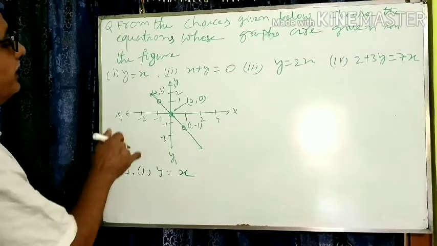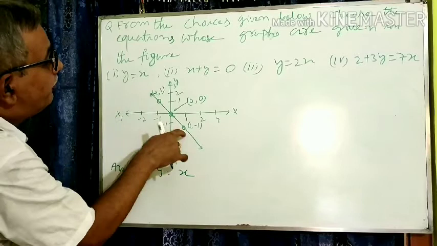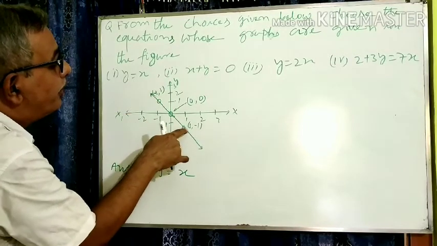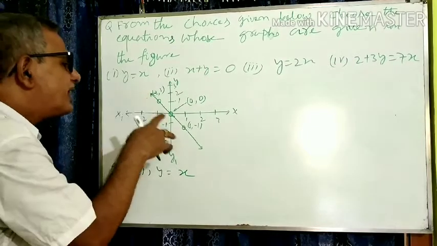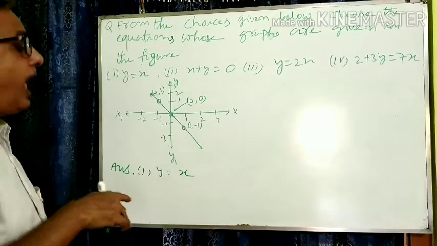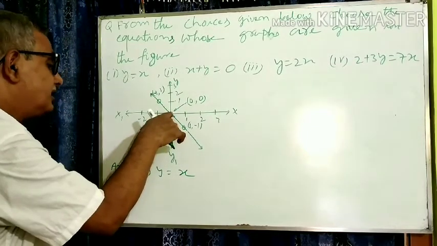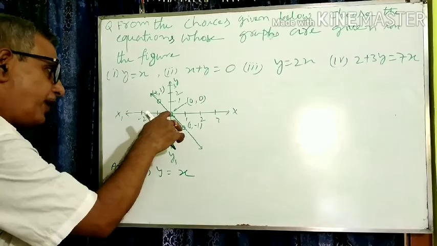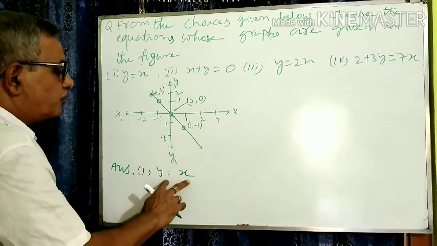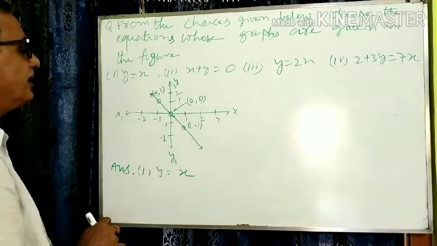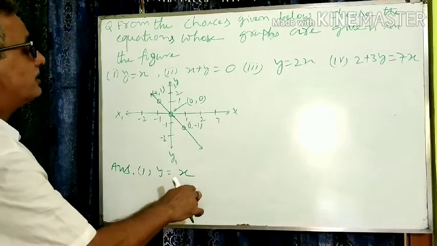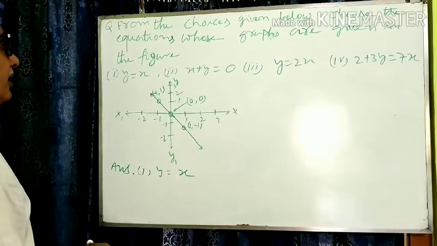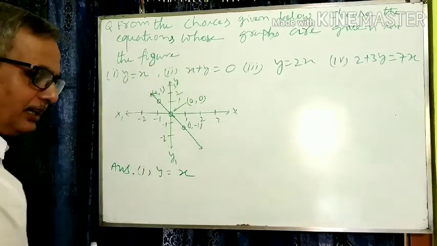Here you see, these 3 points are there: minus 1, 1; 0, 0; 1, minus 1. You select any 2 points and let these points satisfy this line. If both the points satisfy this line, that means this equation is the equation of the line. Otherwise, we have to proceed to another line.